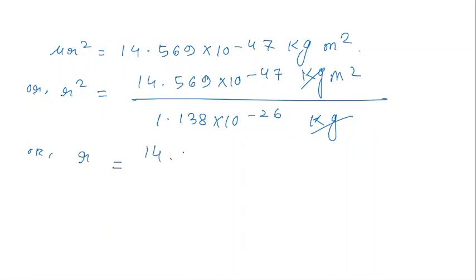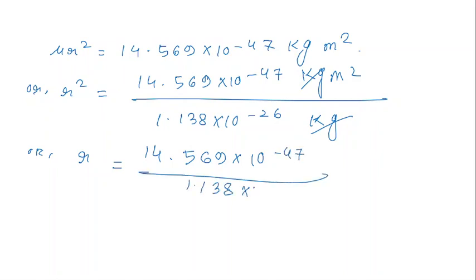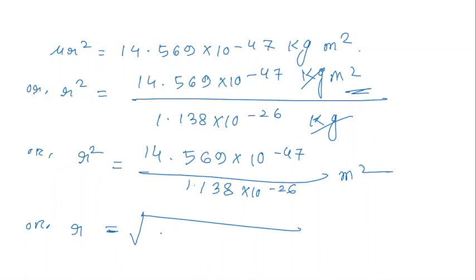Units always tell the right thing. You can also get it from here: 1.138 into 10 to the minus 26. You see here meter square is coming. What will be the value? 12.8, and the root gives meter.